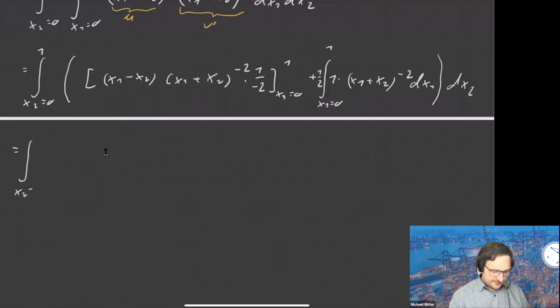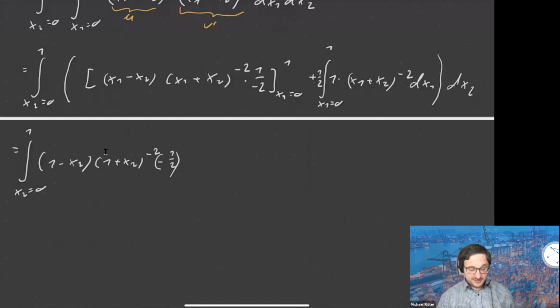Okay, so let's evaluate the inner expression. First, this part here, we have to compute upper bound minus lower bound for the x1, and we just keep the x2 as a constant in here. So what we get here is x1 at the upper bound, that is 1 minus x2 times 1 plus x2 to the minus 1 over minus 1 over 2 times minus 1 over 2.